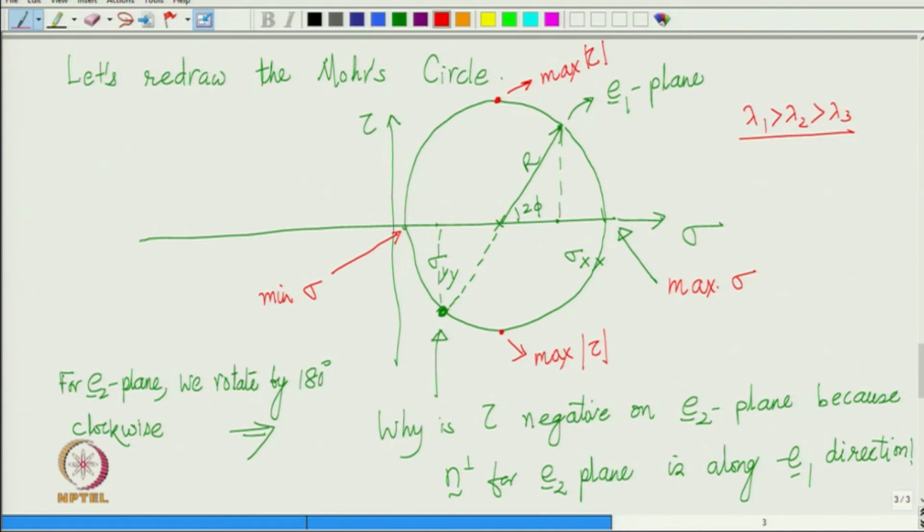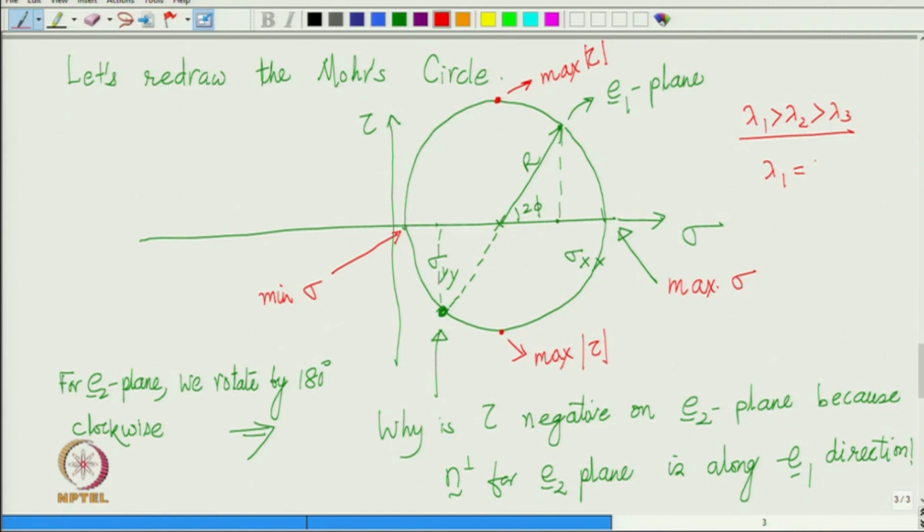So, here what is then lambda 1? So, you know the center, you go by radius along the x axis and you reach lambda 1, right. You go by minus radius, you reach lambda 2, is not it.